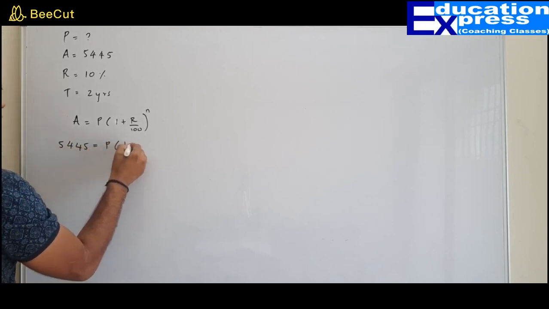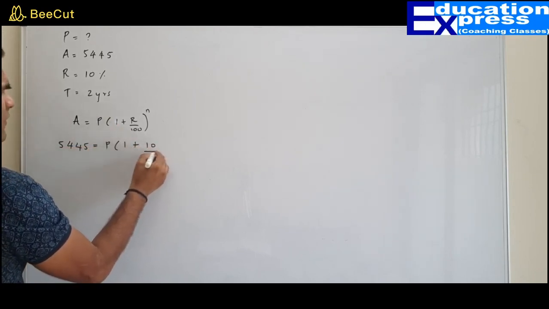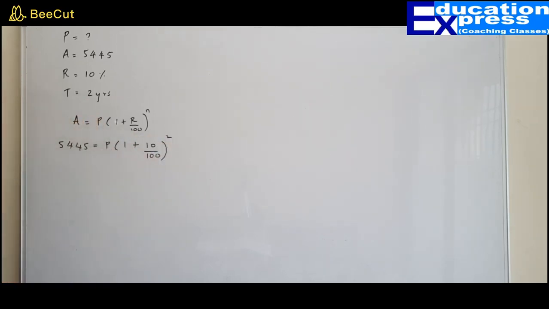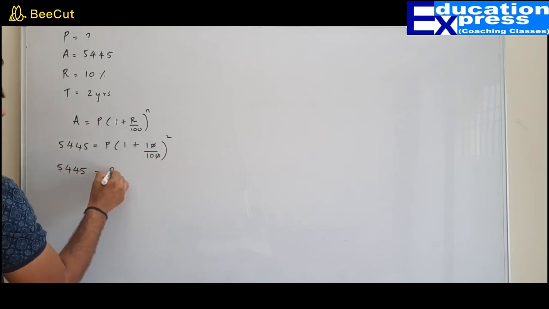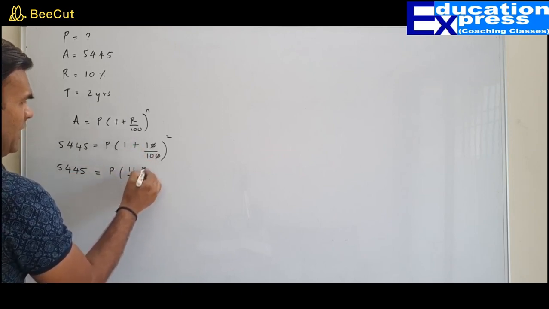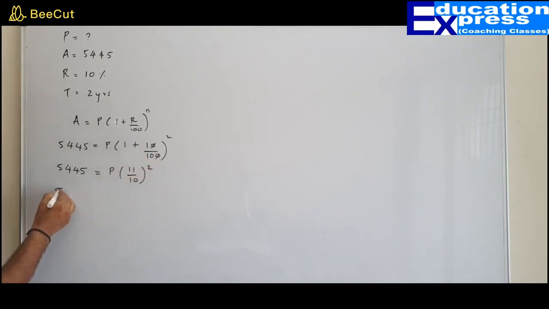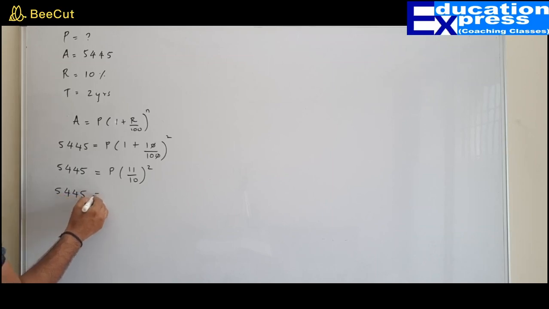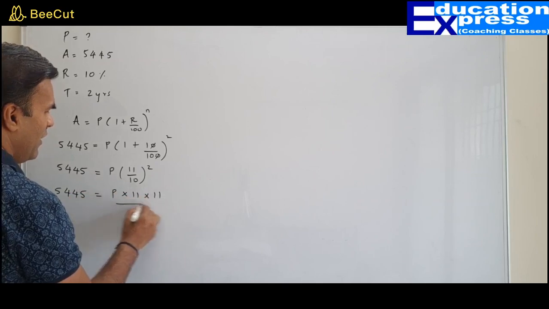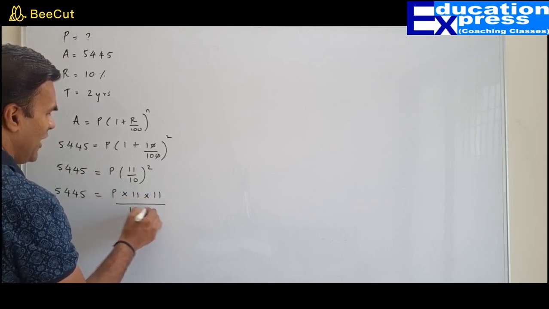Principal not known. 1 plus r, 10 upon 100, raised to time period 2. Can I cancel 0, 0? Of course, sir. 5445 equals P into 10 plus 1, 11 upon 10 raised to 2. 5445 equals P into 11 upon 10 into 10.